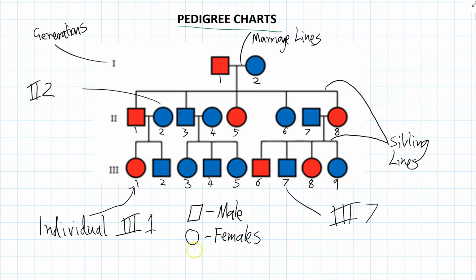If you have a filled in square or circle, that means you have that trait or you have that disease. So we often call that affected. And then if you have an empty circle or square, you're not affected by whatever trait or disease we're talking about.